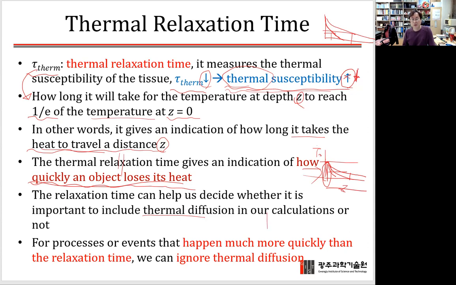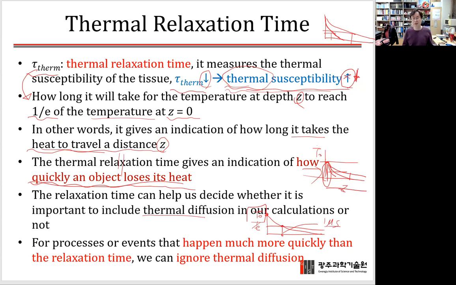So when you have a thermal relaxation time shown here as maybe like 1 microsecond, that means for the highest temperature T sub 0 to reach 1 over E of the temperature T at this time point.